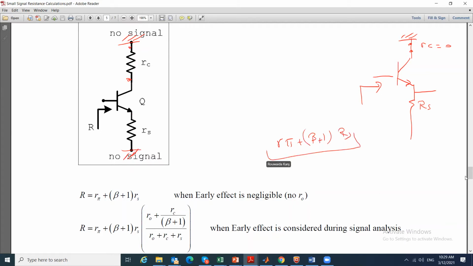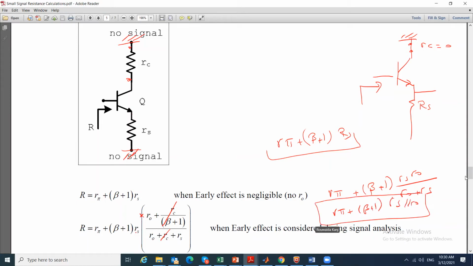And of course, if I have RO and RC goes to 0, the effective resistance will be R pi plus beta plus 1 times RS RO over RO plus RS, multiplied by this, with RC equal to 0. So it will be R pi plus beta plus 1 times RS parallel to RO. I'm not asking you to remember this. We just need to know we can use this equation, and since RC is 0, this term goes away, but I'm trying to simplify it for you.